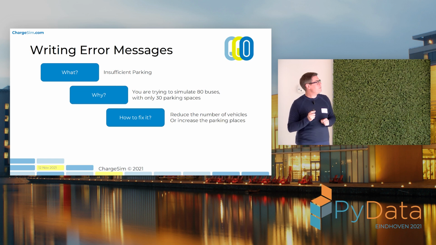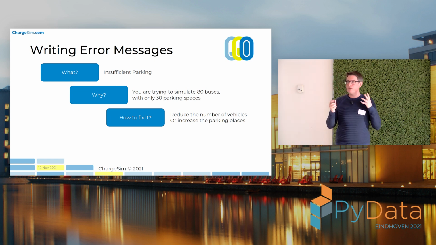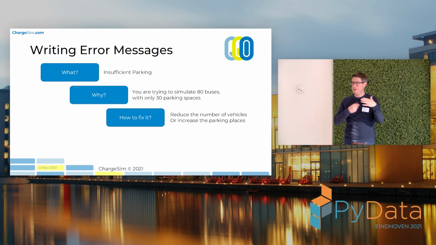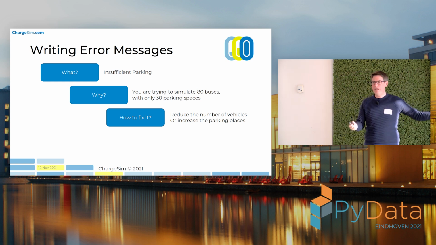Next, I'll talk about how to write error messages, and I think of three things that should be in there. One is we have an error code so that we can link it to our help files, to our documentation. Two is we want to know what the error is. Okay, there wasn't enough parking. Now we need to explain to the user why it happened. Okay, you were simulating 80 buses with 30 parking spots and it just won't work.